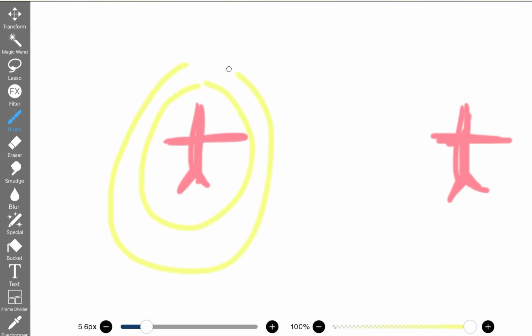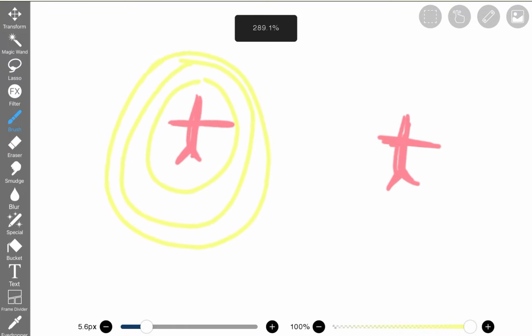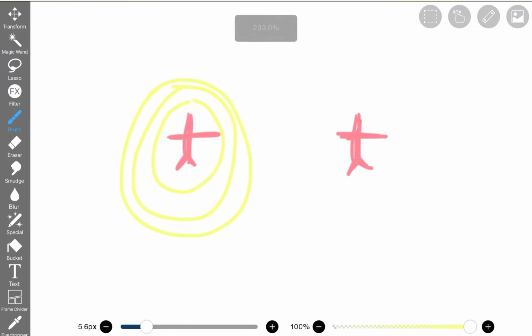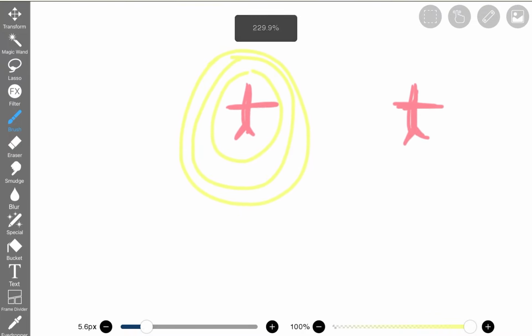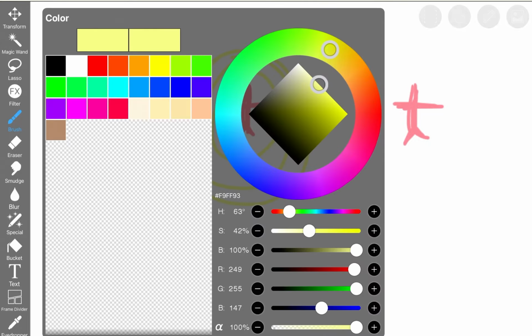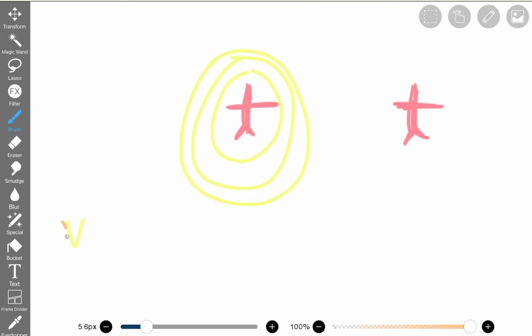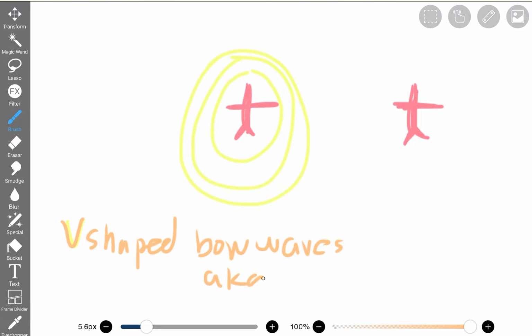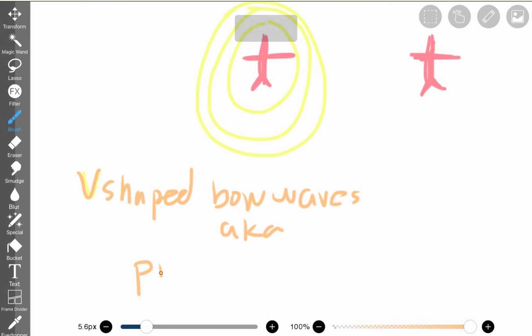Let's draw that. These are bow waves, also known as pressure waves. Okay, close enough. So let's write that down with a better color. V-shaped bow waves, also known as pressure waves.